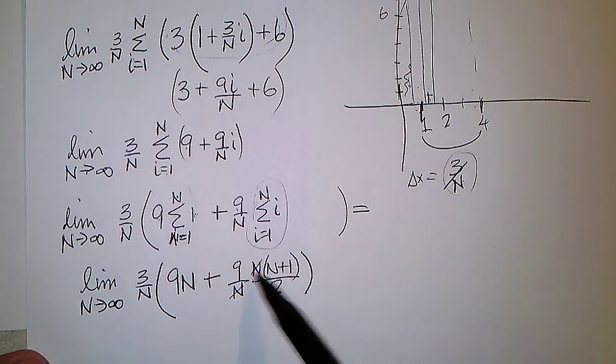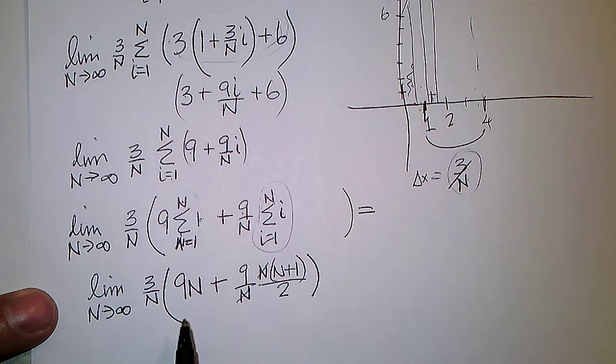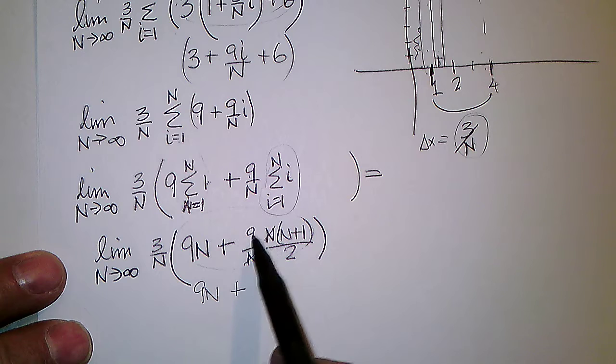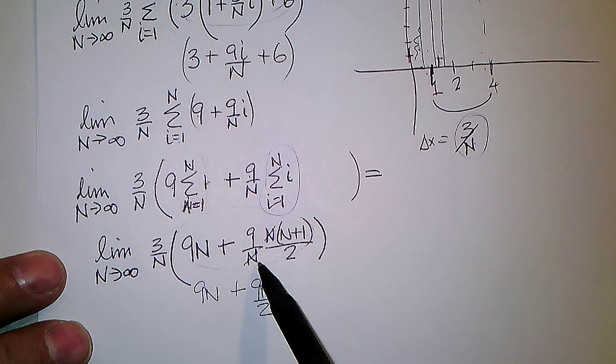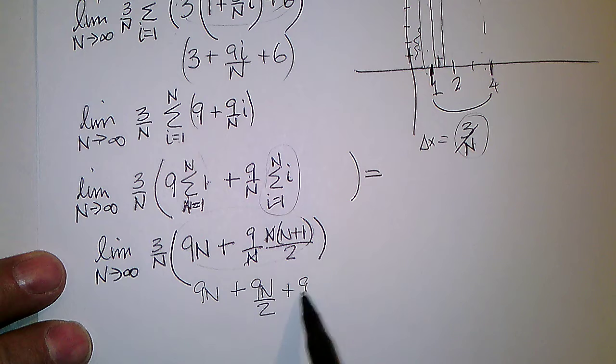This n would cancel. And so now I will simplify this. So it's 9n plus 9n over 2 plus 9 over 2.